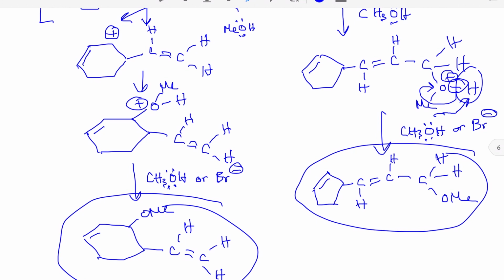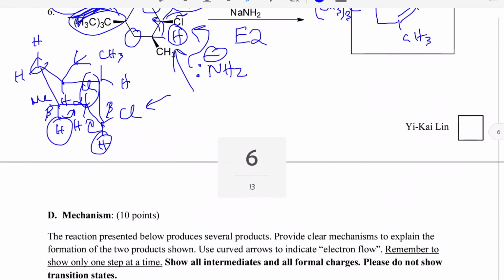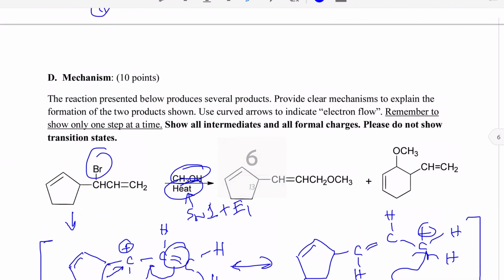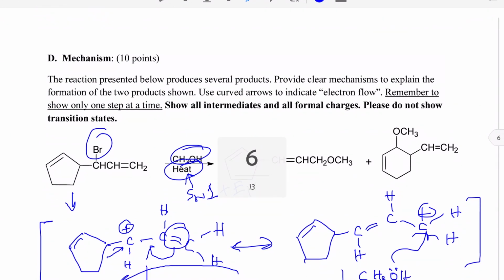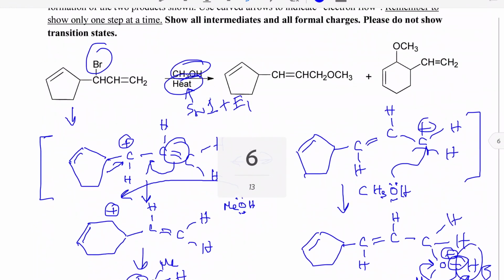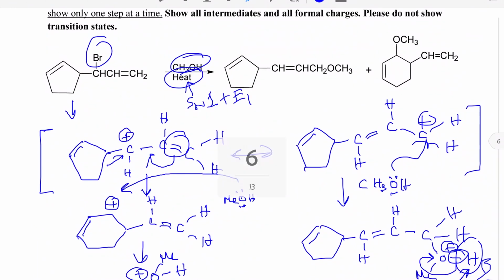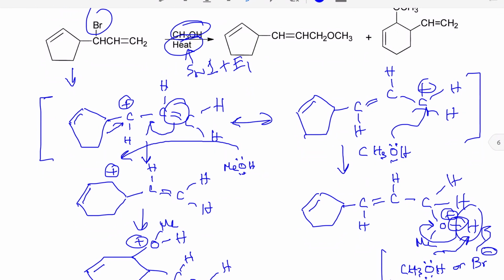The same scenario would happen for the bromine anion as well. And ultimately, you're left with a methoxy group, and you're left with one of the products that was originally stated in the problem. And this is actually an ether as well. So that's the first product.